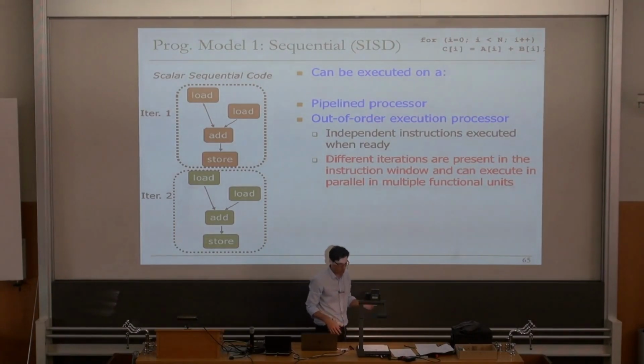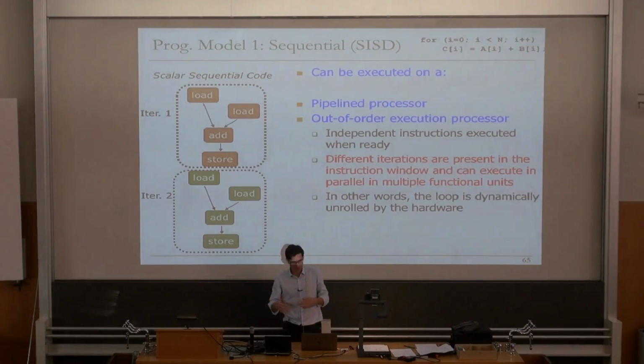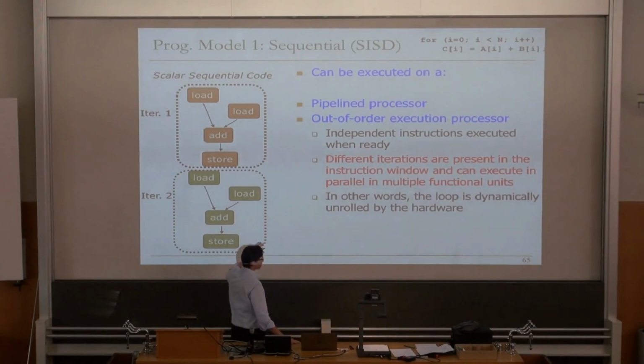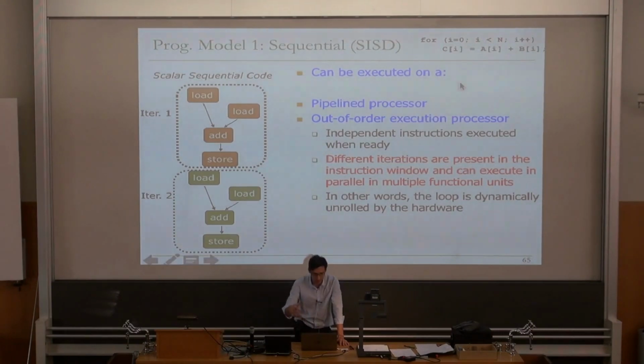Actually, if we execute this code in an out-of-order core, probably what will happen is that the core is able to execute several of these iterations at the same time, because out-of-order cores do some kind of hardware-based unrolling. This loop would be dynamically unrolled by the hardware.